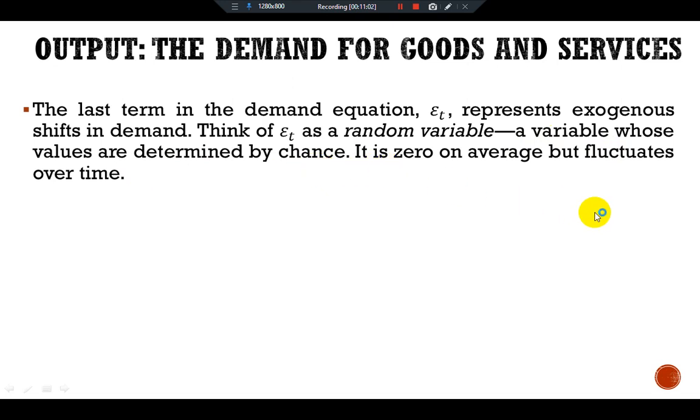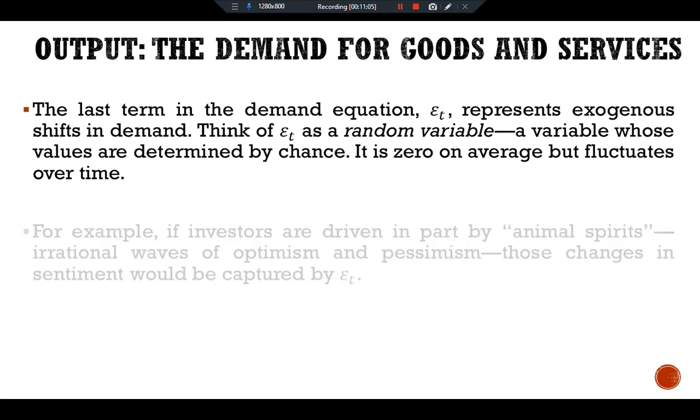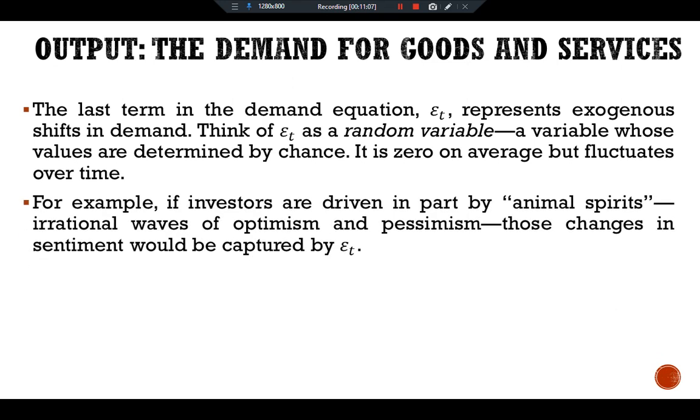It is zero on average but fluctuates over time. For example, if investors are driven in part by animal spirits, irrational waves of optimism and pessimism, those changes in sentiment would be captured by epsilon T.